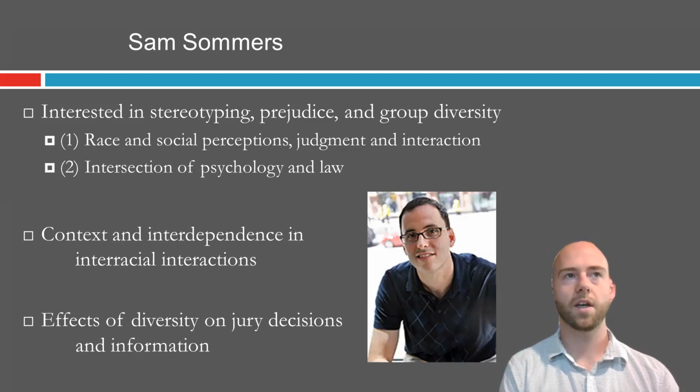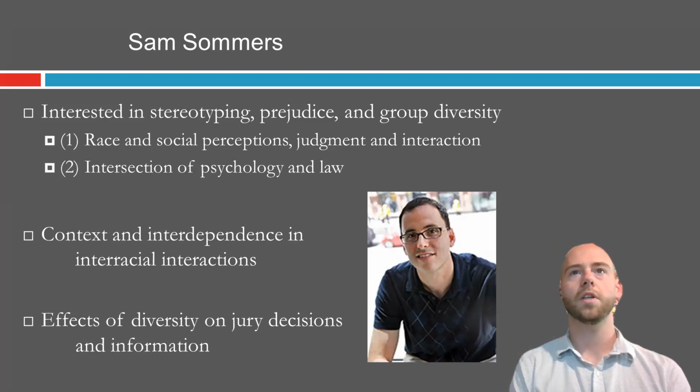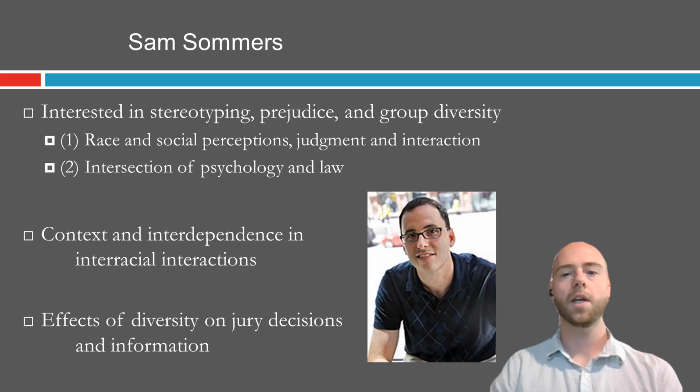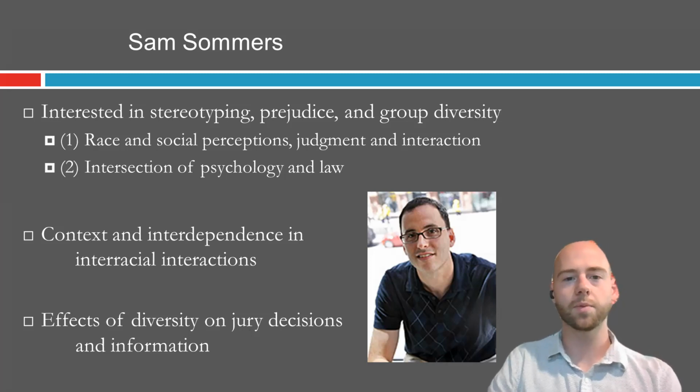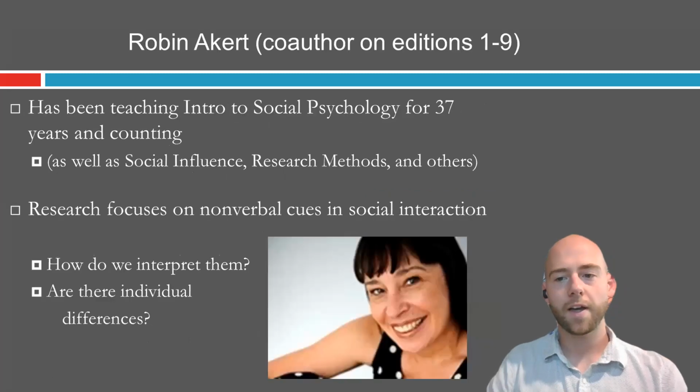I think they brought him on to flesh out some of those chapters and talk a little bit about the psych and law stuff in some of the supplemental chapters. So definitely a good addition to the book, an early to mid-career researcher, because the other three authors were obviously getting a bit older, so maybe had less time to devote to some of the newer findings.